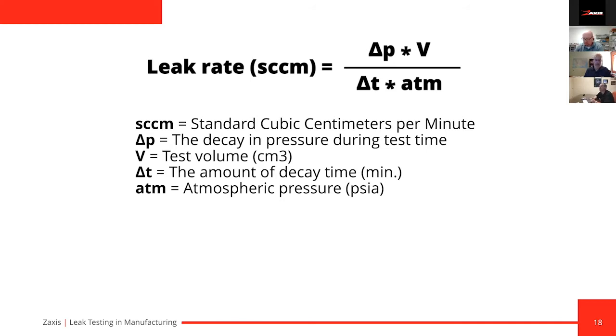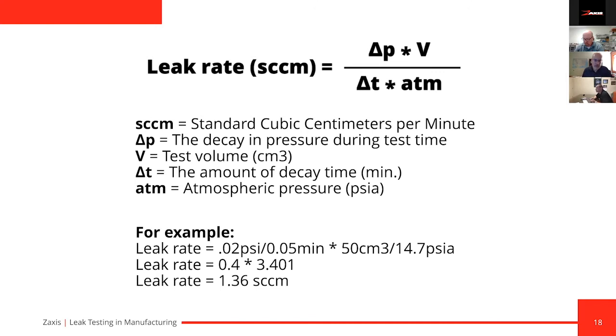We will continue on. So if we look at the leak rate, if we plug in the values here, then we can determine that 0.02 psi in 0.05 minutes is equal to 1.36 cc's. So if we apply those numbers in there, we can calculate the cc per minute.